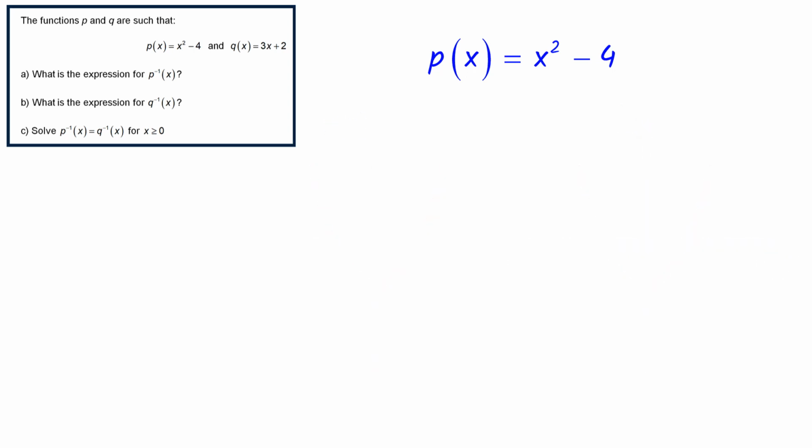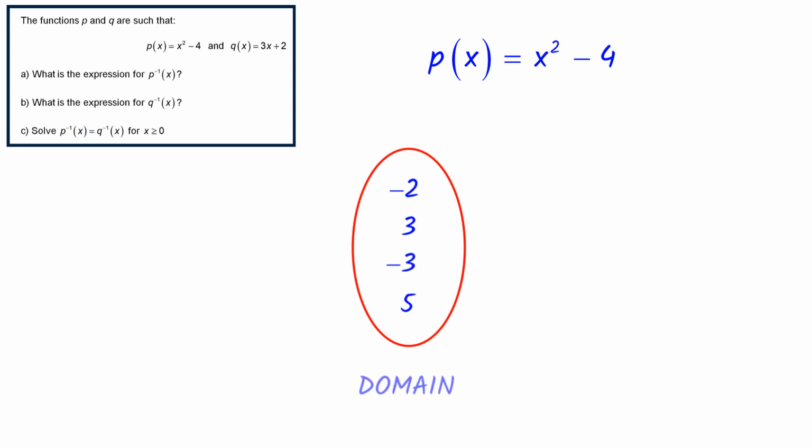Okay. Let's now look at what the function p(x) equal to x squared minus 4 in this question is doing. First, draw a set which contains some values of x which you're able to put into the function. I'm going to choose minus 2, 3, 5 and minus 3. This set of values, of which there are many more, is called the domain.